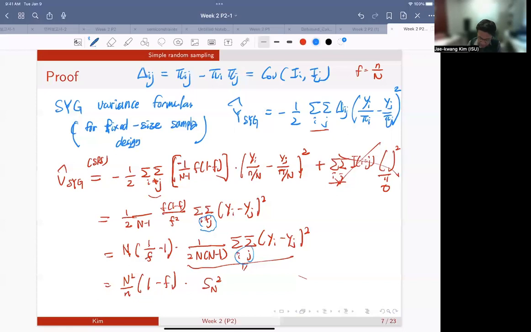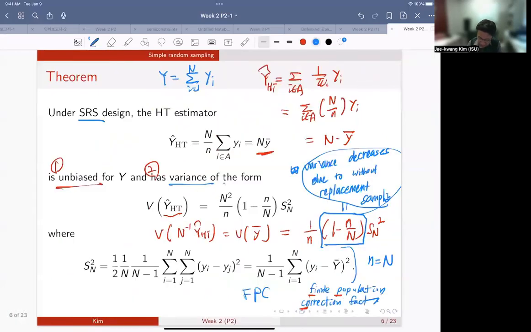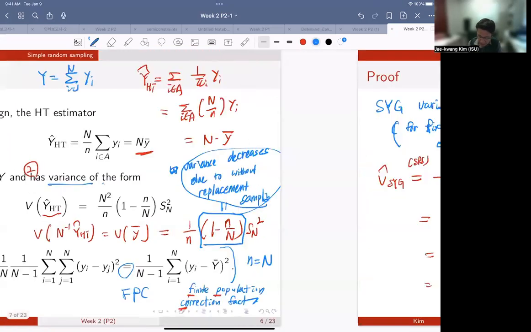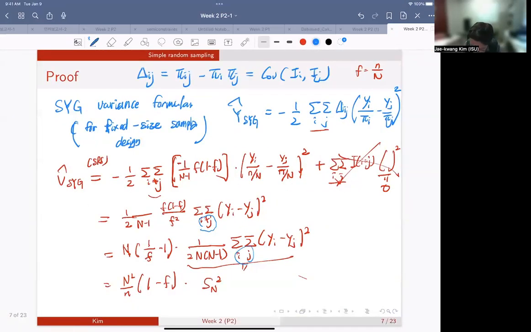Now you may wonder why we have this equality. This equality is not really difficult. If you use the double summation over ij of the square, this is quite a popular technique.